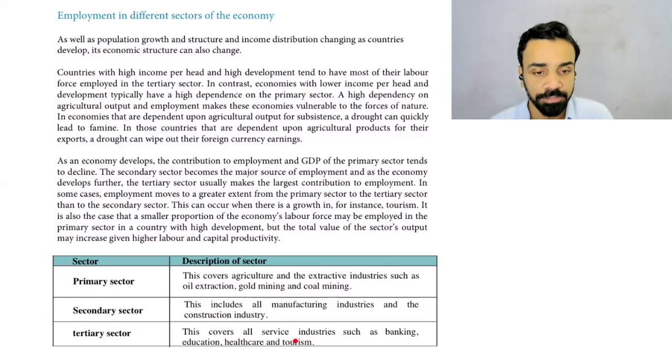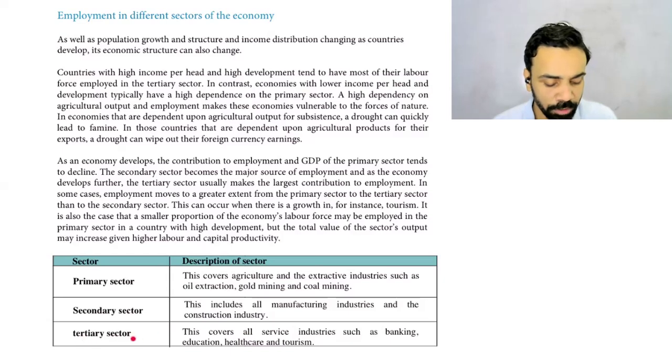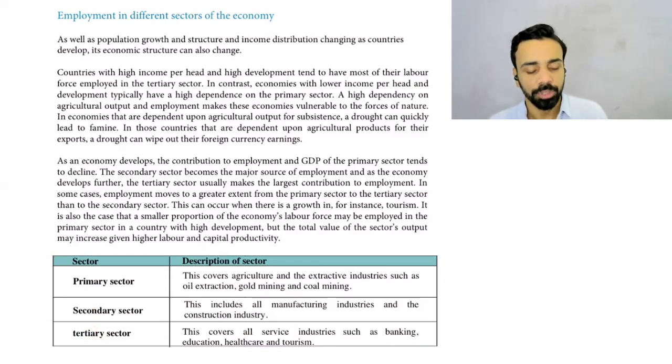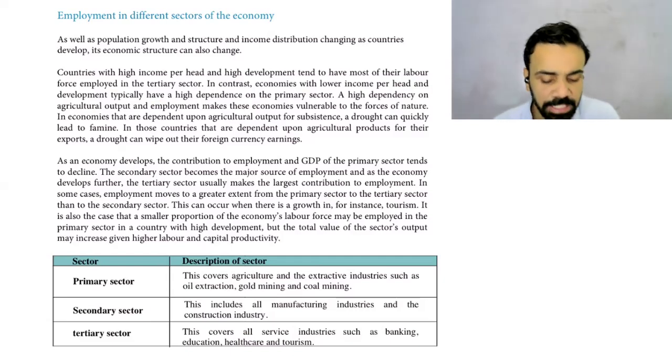Tourism, maybe we can observe something like that happening, right? Like in the Hunza area, you could see that extraction and agriculture is the main thing, and now because of a lot of tourism, a lot of movement is happening towards the tertiary sector. But generally in economies, the movement from primary to secondary is more common, and that is what is being discussed over here.